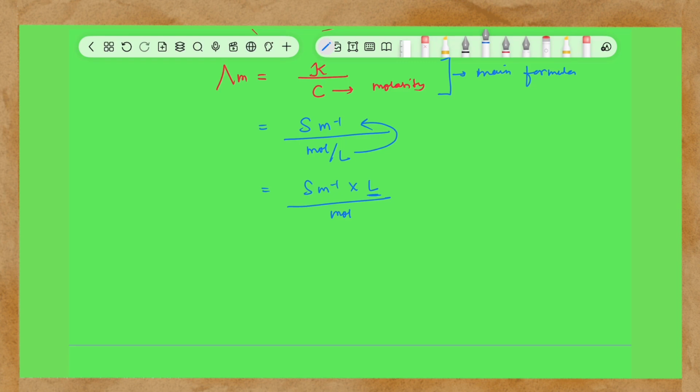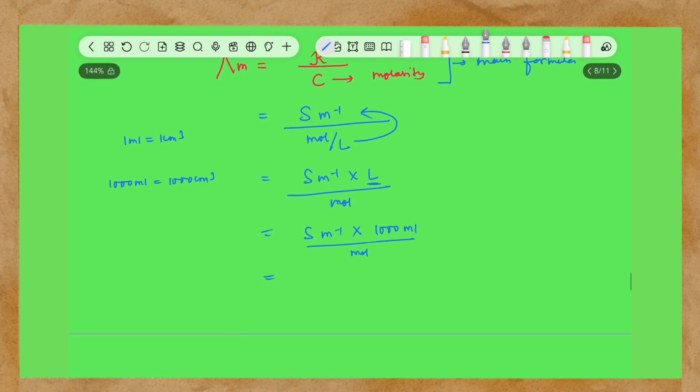First of all, you have to learn that 1 ml is equal to 1 centimeter cube. So 1000 ml will be equal to 1000 centimeter cube. So I can write it as 1000 ml upon mole.